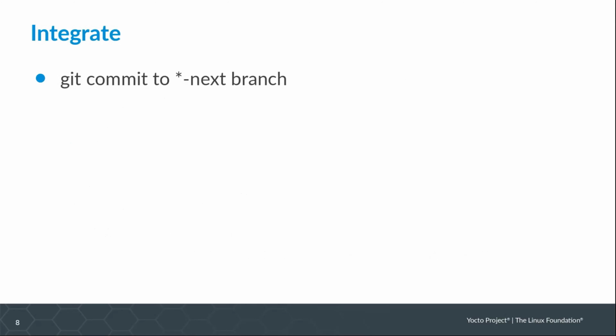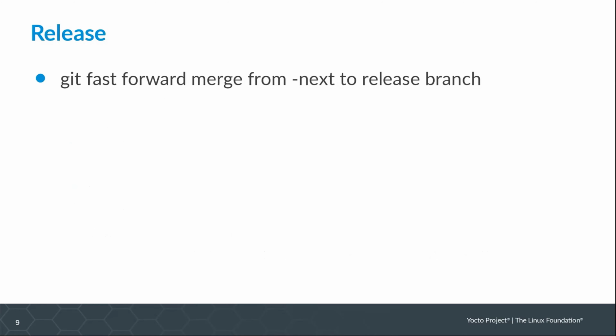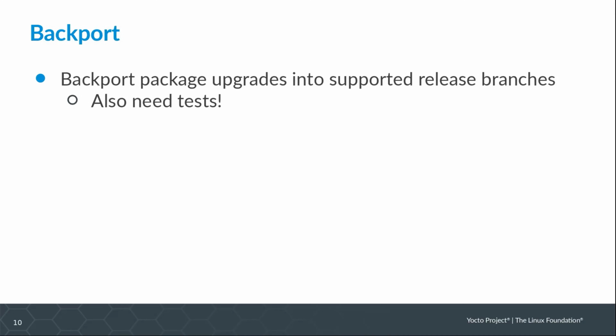As said, integrate means commit to the dot next branch. Release is a fast forward merge from the dot next branch to a release branch. The backport thing is doing a cherry pick to the other branches, and they also need tests.